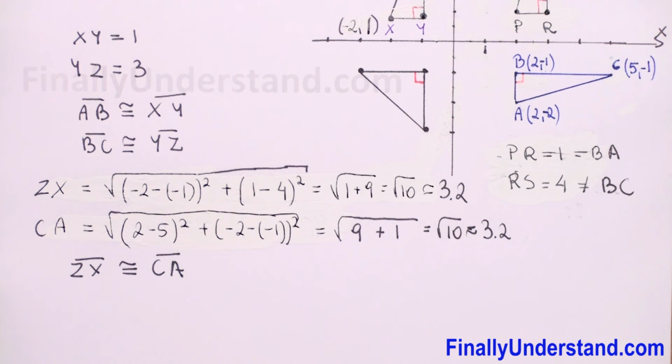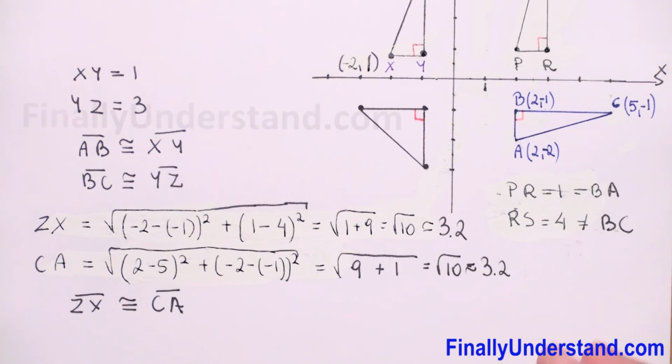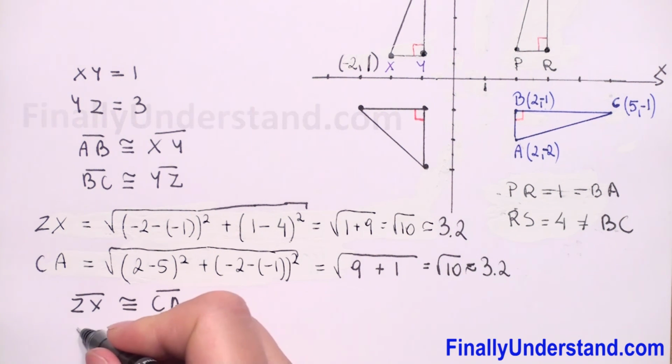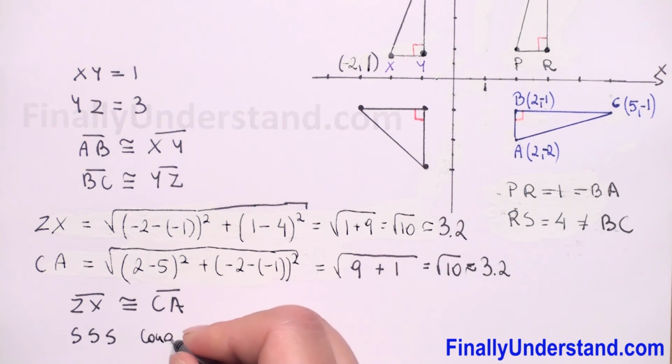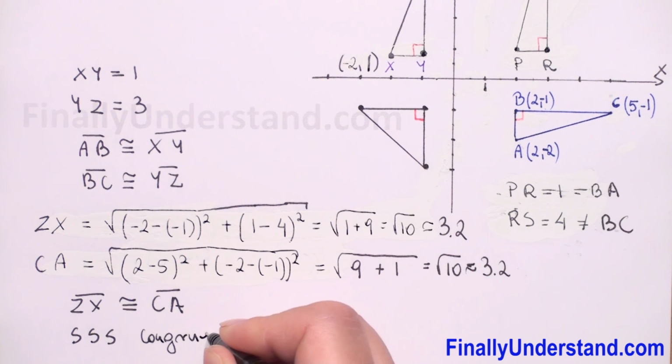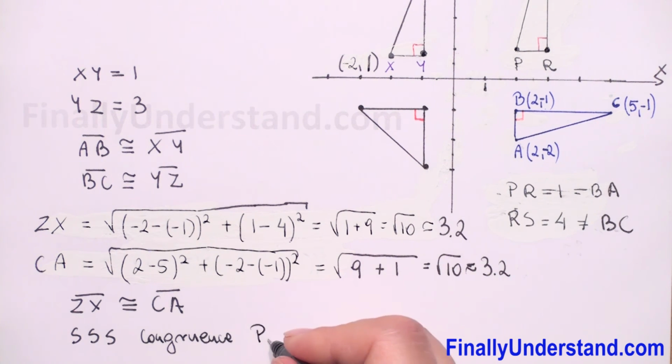Because all three sides are congruent, it means that by the side congruence postulate, our triangles are congruent.